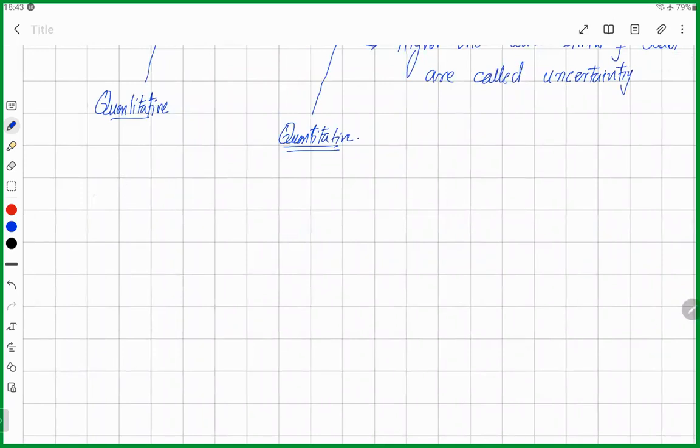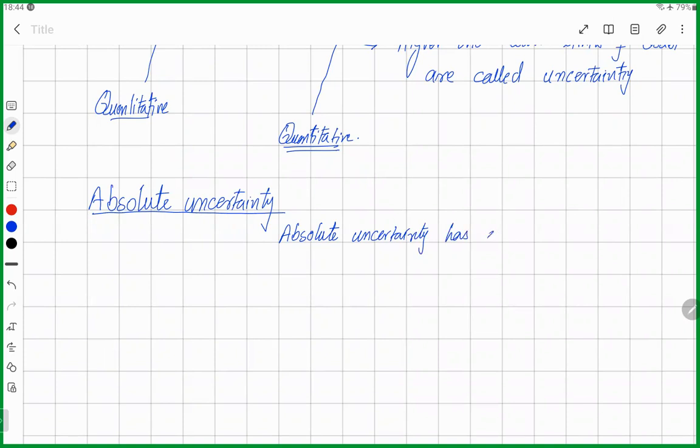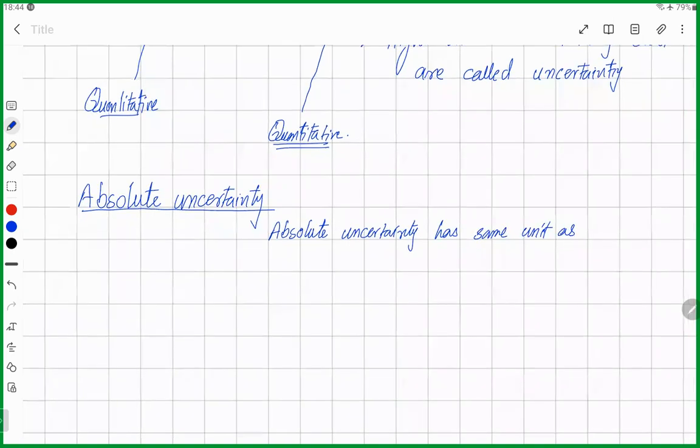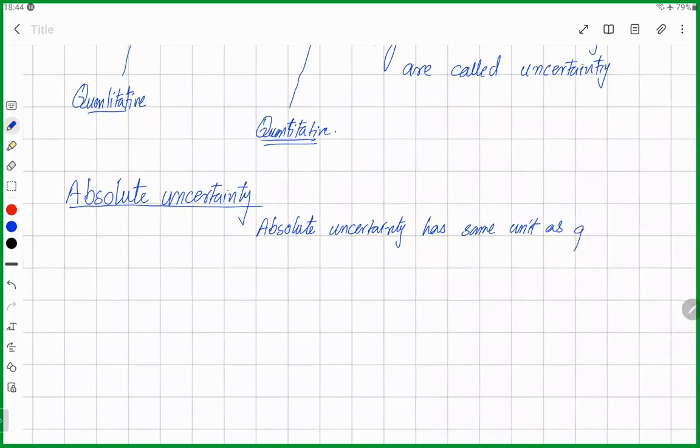Now, the first one is absolute uncertainty. Absolute uncertainty has the same unit as the quantity.